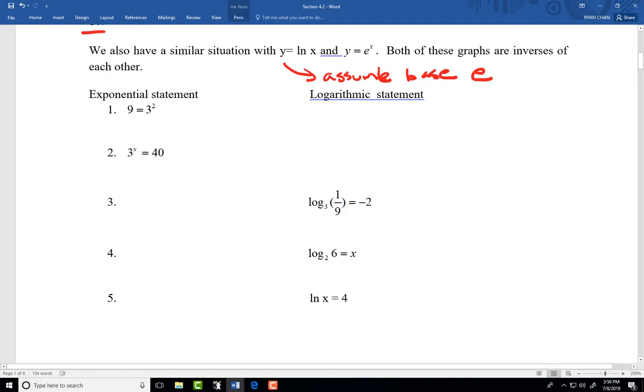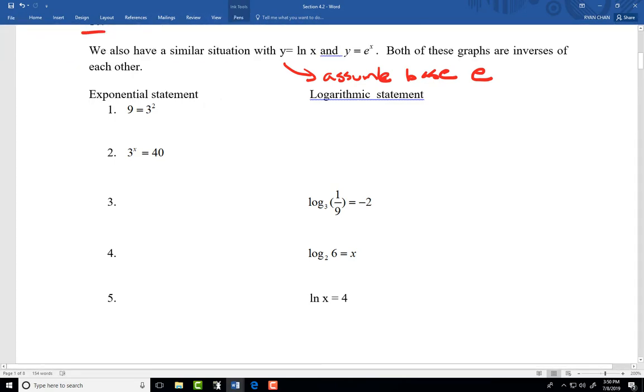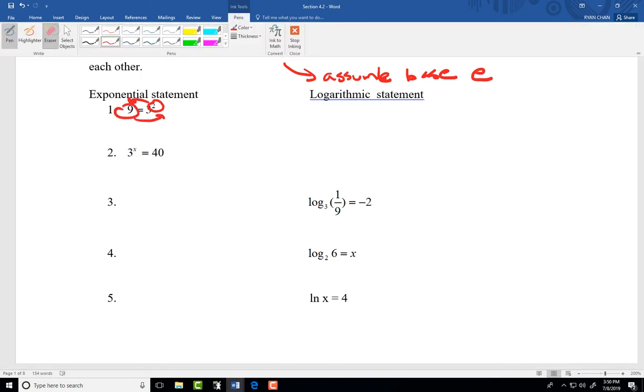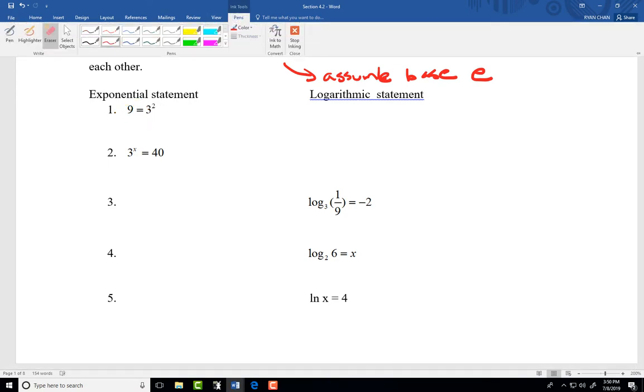So for an exponential function, or sorry, an exponential statement, okay? This is what I'm going to do. So I have 9 is equal to 3 squared. So whatever your exponent is, it's going to switch out with your base. Okay, let me do a skinnier one.